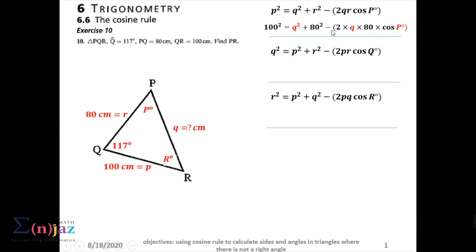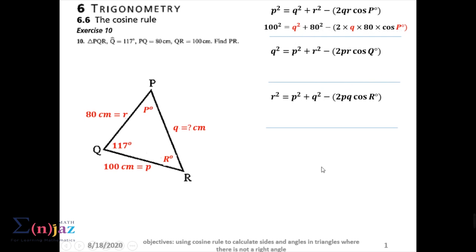So plus 80 squared minus, open brackets, 2 times q, which is unknown, times r, which is 80, times cosine P, which is unknown as well. As you can see, why did I put this in red? Because I have two unknowns, q and P, which means this equation cannot be solved.